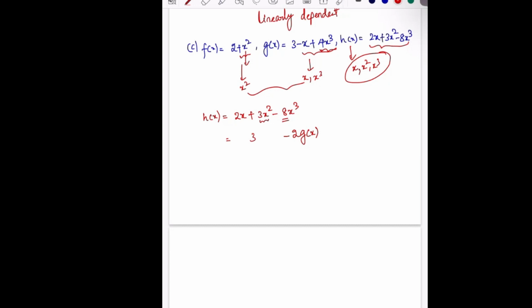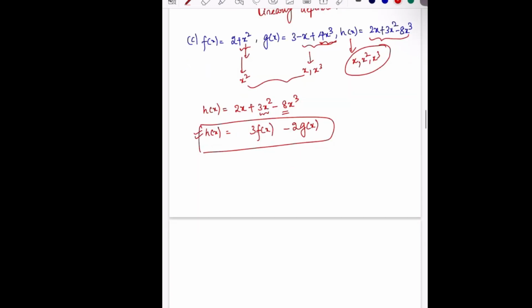So this means this is 3 times f of x. So this is the complete expression. So you can write h of x in terms of f of x and g of x. So you can tell that these three vectors are linearly dependent.